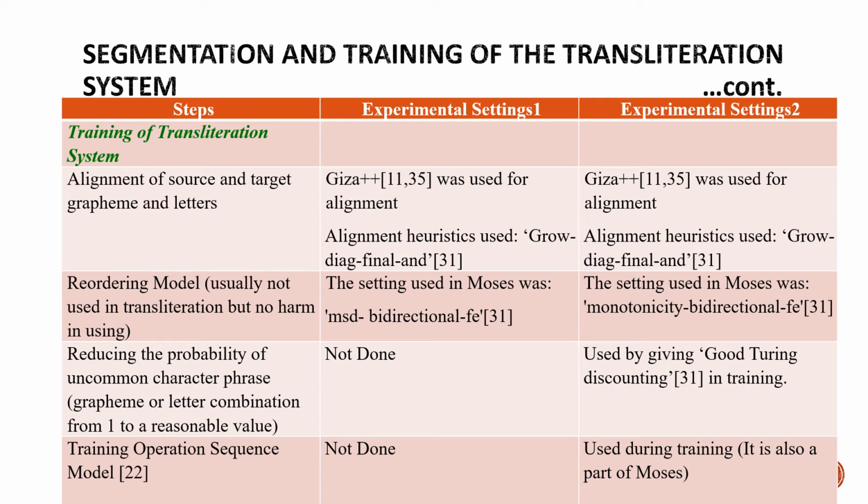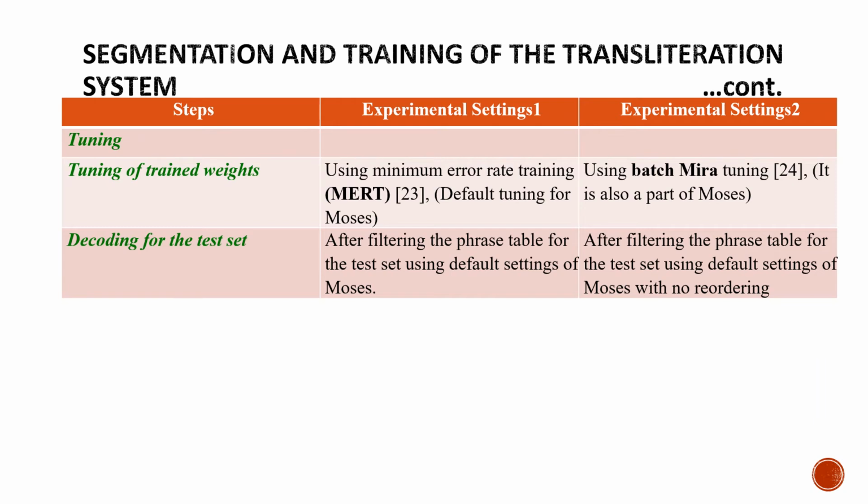The reordering model was also different in both experimental settings. In experimental setting 2, Good-Turing discounting was used in training, and the operation sequence model was also used during training. Tuning of trained weights was done using minimum error rate training and batch MIRA tuning with experimental settings 1 and 2 respectively.